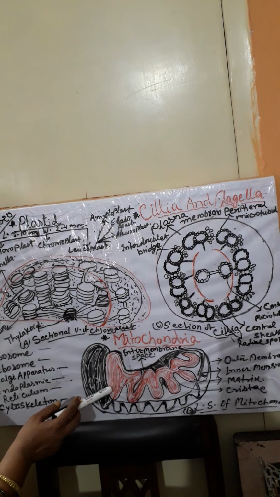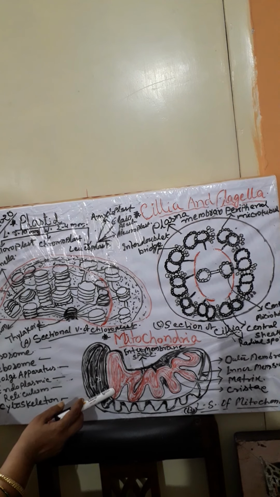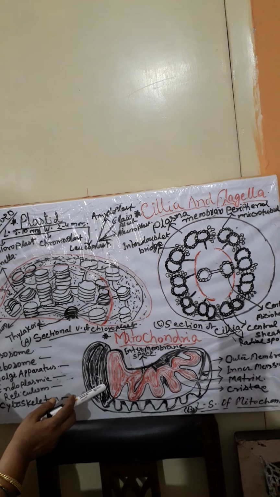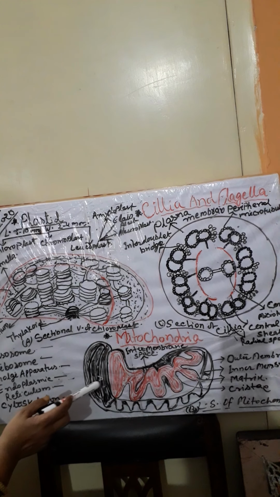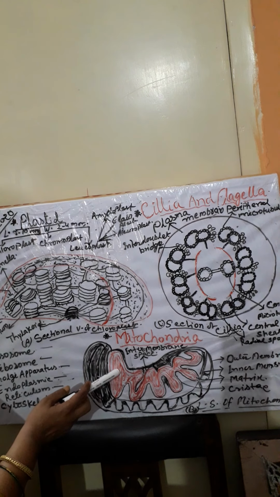Mitochondria are the sites of aerobic respiration because they produce cellular energy in the form of ATP, hence they are called the powerhouse of the cell.